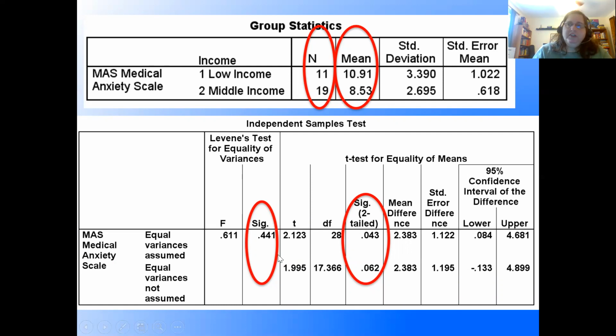SPSS is more computationally oriented and able to do more calculations, let's put it that way. In other words, it can handle unequal variances. And if this is less than 0.05, it means it's significantly different than equal.